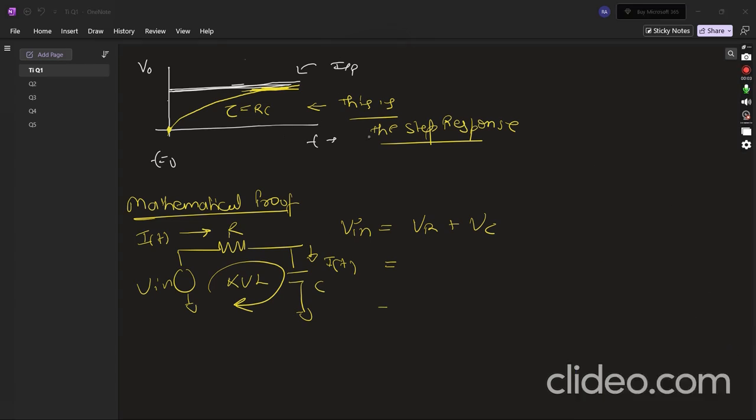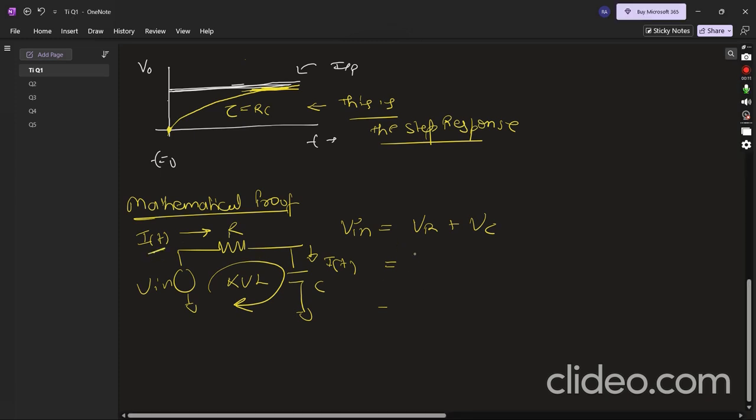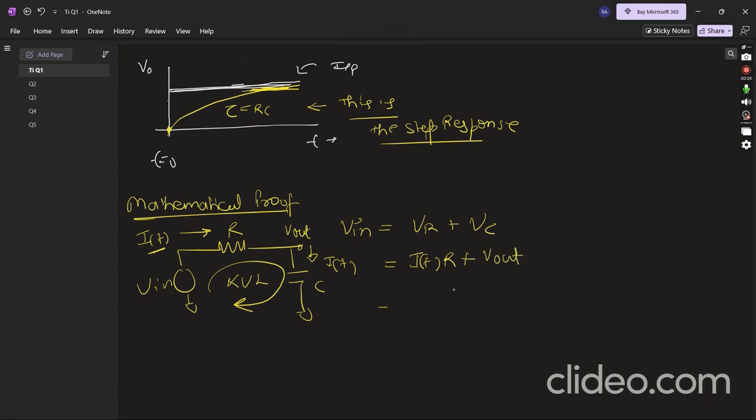So this is the voltage equation: V in is equal to VR plus VC. We can write VR as ITR, the voltage drop across the resistor, plus VC, and VC can also be written as V out.